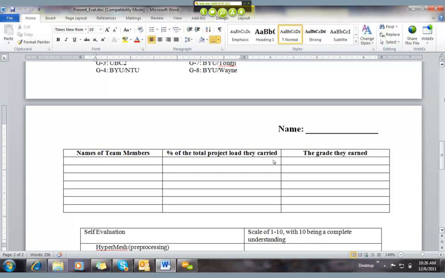I've done this enough years that there's always a few people on a team that either go way beyond the mark or they fall way below the mark. And we need to try to kind of even that out. We need to treat that fairly.